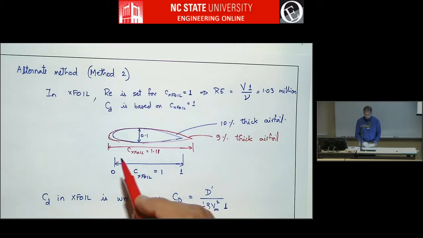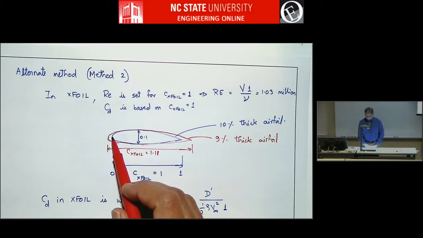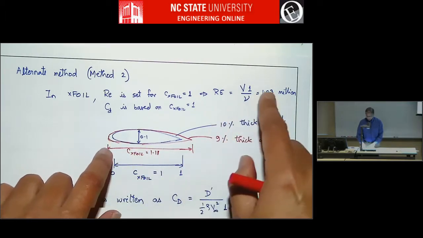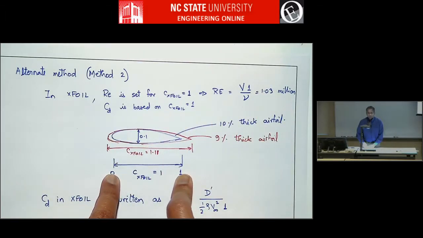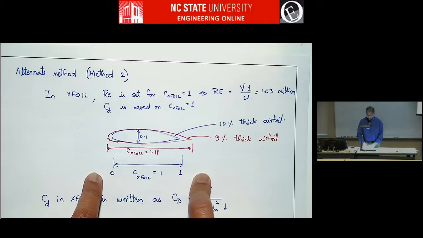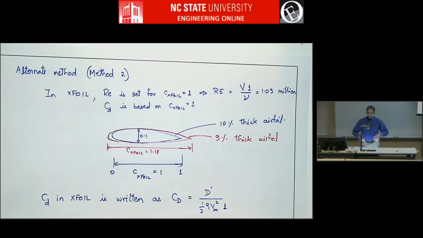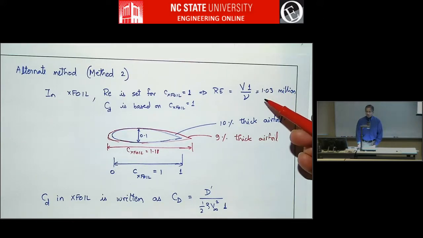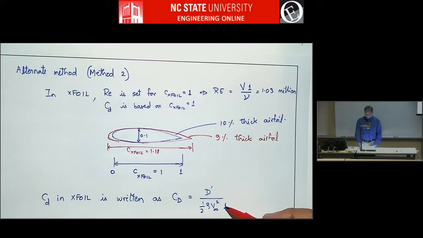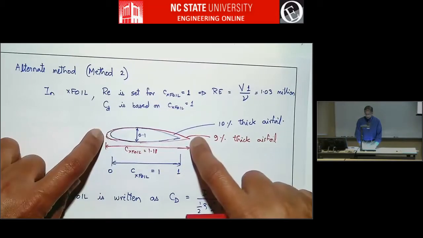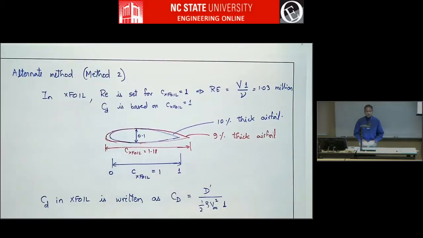But in X-foil, you're defining the Reynolds number as 1.03 million for a chord of 0 to 1. So by increasing the length, the Reynolds number is automatically changed even though you don't physically change the number. And the CD that you get is proportional to D prime, because you've physically increased the chord in X-foil by 11%.